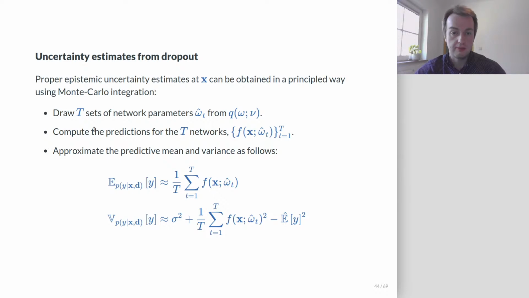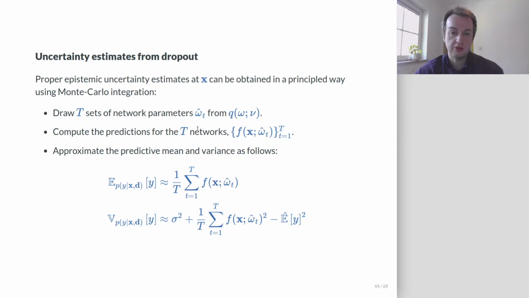Okay. And so precisely how do we get estimates of the epistemic uncertainty from these neural networks with dropout layers? The way we would do that is to draw T sets of network parameters from the variational posterior Q. So you just draw T random neural networks, depending on where you put the dropout layers.